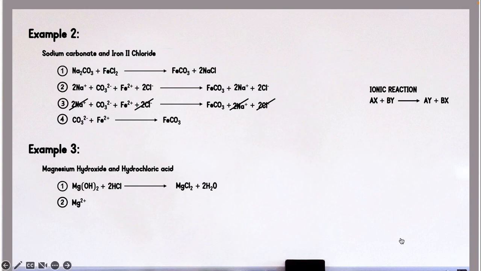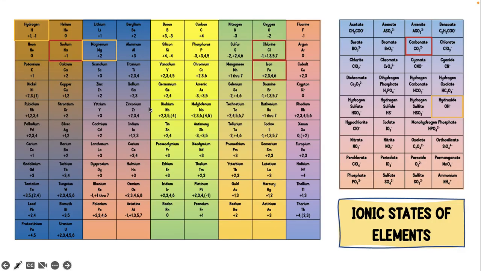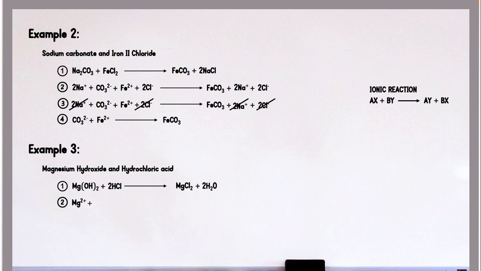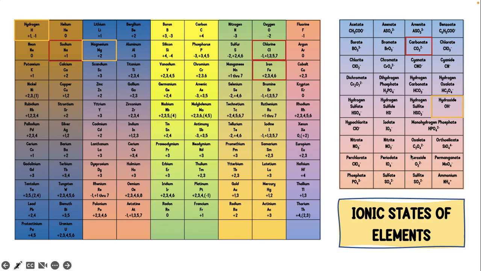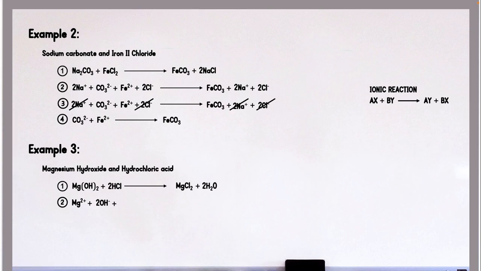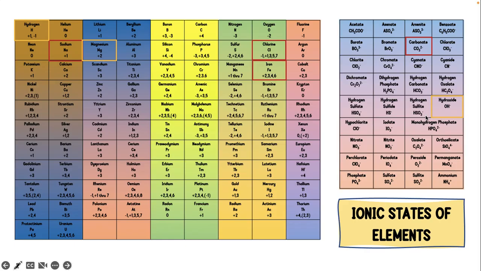Well, as I already put there, magnesium is 2 plus, as we see it here on the ionic state of elements. Magnesium is 2 plus. Then we have hydroxide, which is minus. Then we have hydrogen, which is +1.